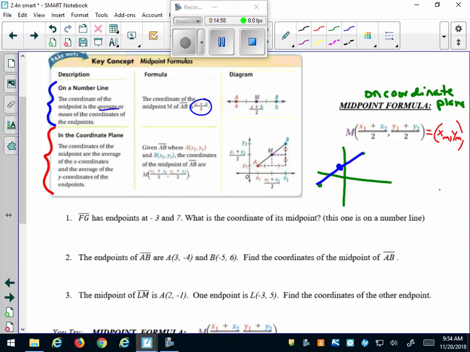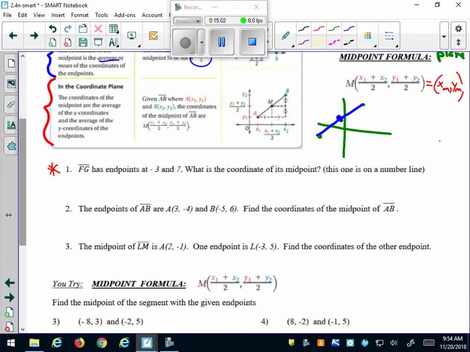So if you look at these examples here, the first one is actually on a number line. And you can tell it's on a number line because these are not ordered pairs, right? They're just single numbers. So FG has endpoints -3 and 7. For the midpoint, we're just going to do -3 plus 7. Did I say 4? It's interesting, sometimes the wrong number comes out. But -3 plus 7 over 2. That's how we're going to find the average of these two numbers.